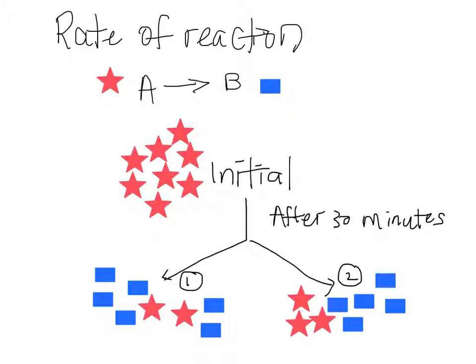So in short, the rate of reaction can be described as the rate of formation of products, or the rate of consumption of the reactant. Rate meaning how fast. So how fast the products can be formed, or how fast the reactants can be used up. Look at these two reactions and tell me, which one do you think has a higher rate of reaction?